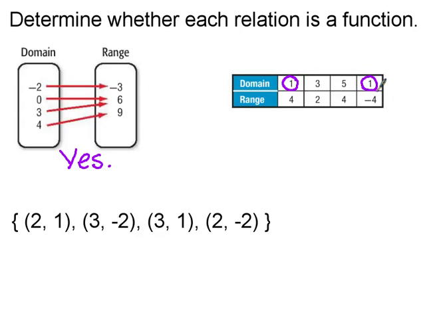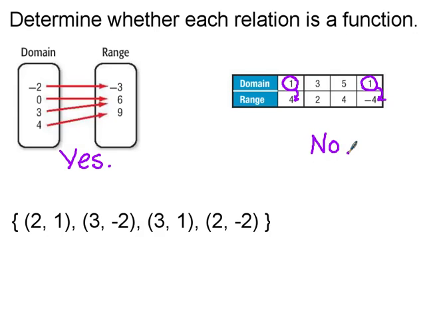Aren't those the same numbers? That's the same number, right? So the number 1, is it paired with exactly one member of the range? No, because it's paired with both 4 and -4. So this one is not a function. So you're looking for duplicate numbers on the domain side.